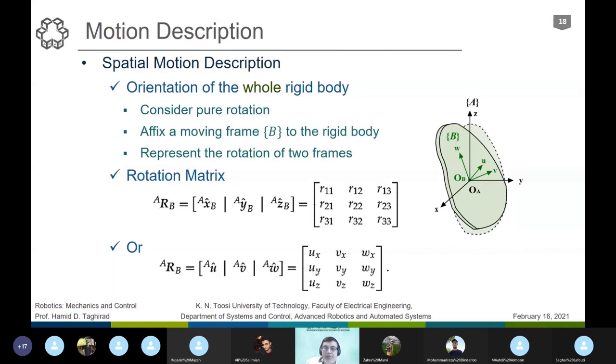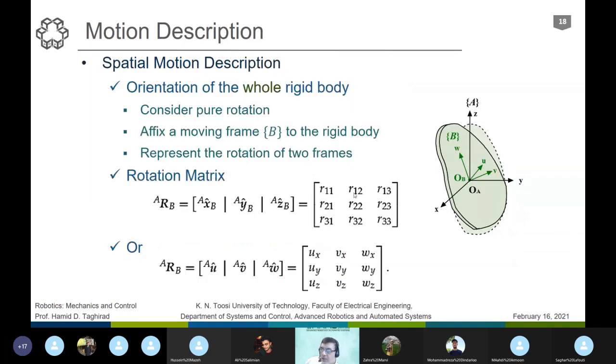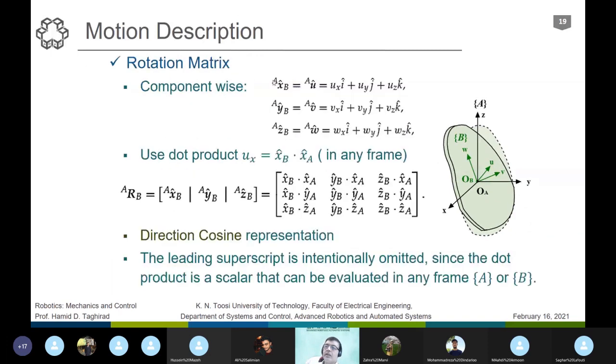Let me talk a bit about the rotation matrix. First, if you consider it component-wise, the same thing that I showed you here, X of B with respect to A is exactly the U, and U can be considered as UX, UY, UZ represented in the A frame.